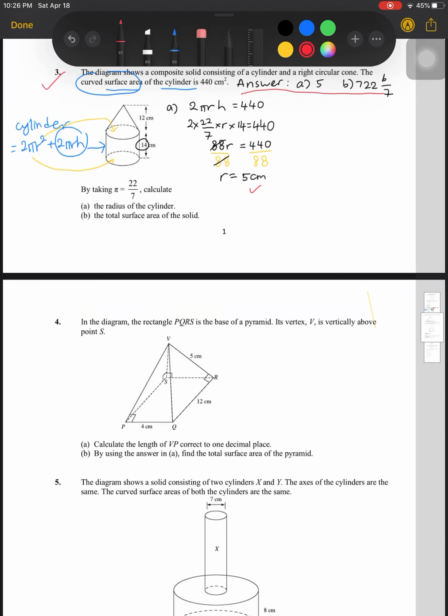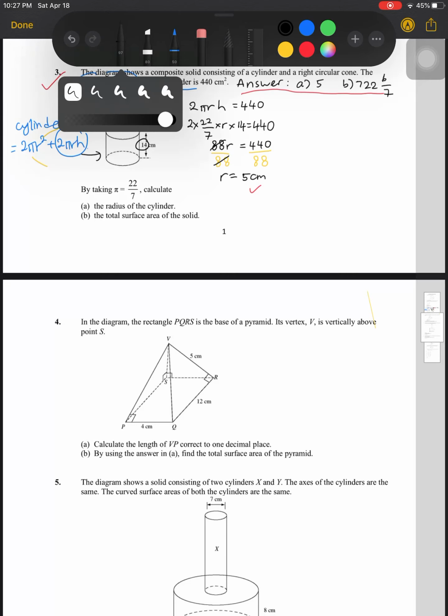Now the second one, the total surface area of the solid. If the question asks you to find the total surface area of the solid, you have to make sure you know that this solid is actually a combination of two 3D geometrical shapes, one is a cone and the other is a cylinder. Because they are joined together, we are not going to calculate the surface area here for both cone and cylinder. There is no area connecting the cone and the cylinder.